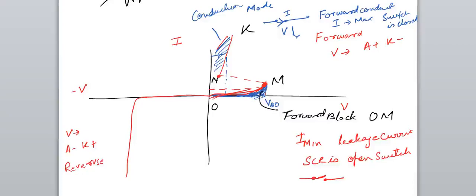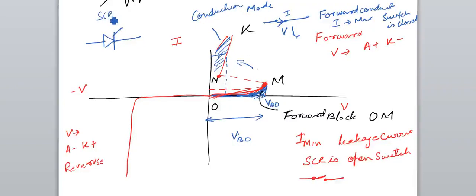Now the transfer from forward blocking mode to the conduction mode can happen in two ways. Either you break this voltage VBO, which means applying a potential. This is the symbol of your SCR.